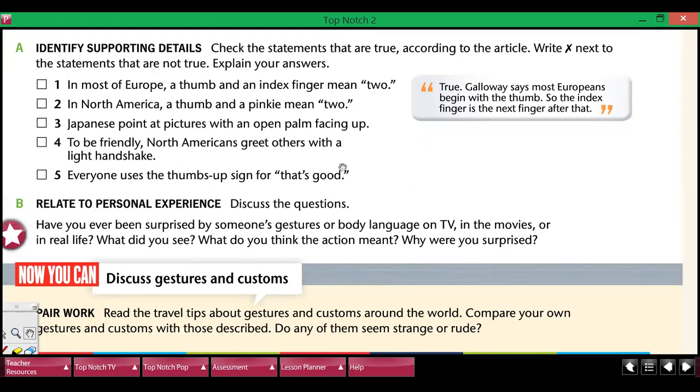Okay, now go to the book, guys. Everybody go to the book. Let me see what page it is in the book.